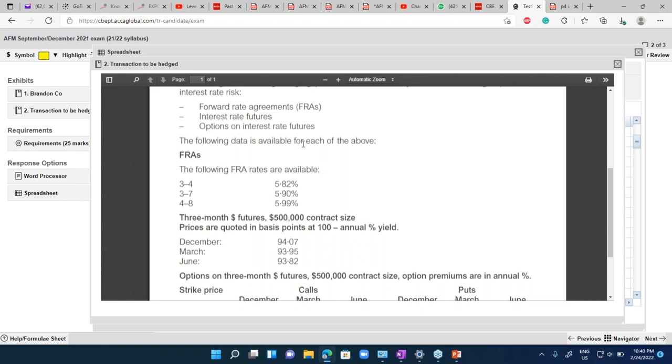If there are 2 exercise prices, preferably solve with 2 exercise prices, because the examiner always solves with 2 exercise prices if 2 are given. So guys, you will select this FRA at 5.9%.